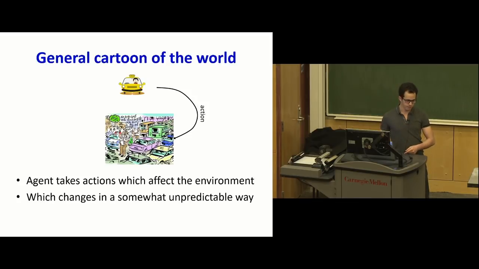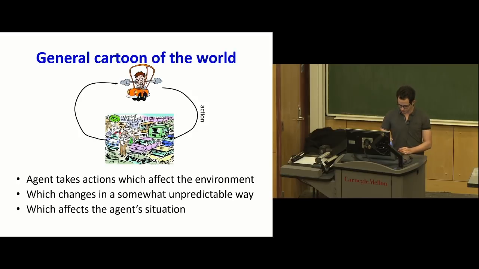And the environment then is going to change based on your actions and some unknown factors that you are modelling with a probability distribution. But basically, deterministically speaking, they are unpredictable.